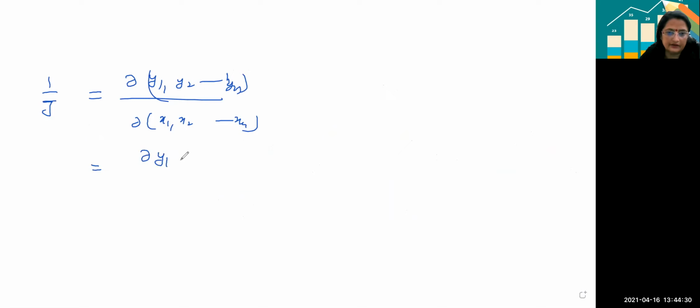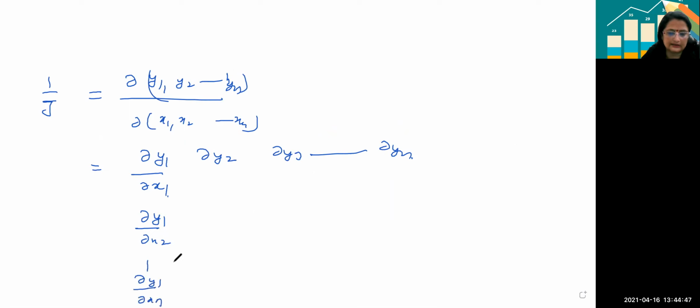this. This is curly y1, curly y2, curly y3, so on up to curly yn. So this is curly y1 by curly x1, curly y1 by curly x2, so on up to curly y1 by curly xn.